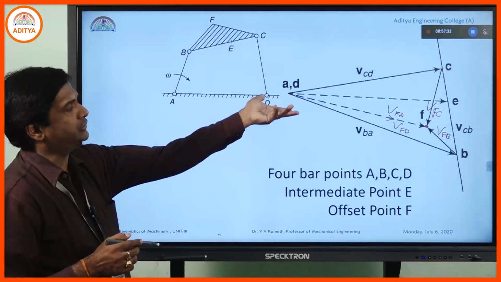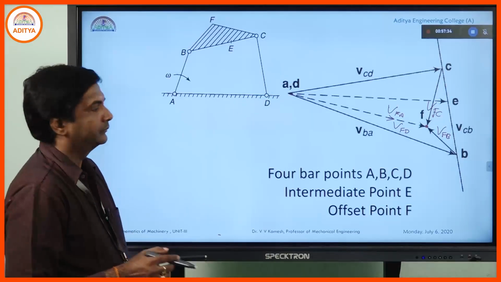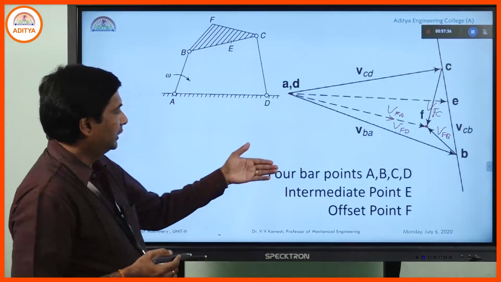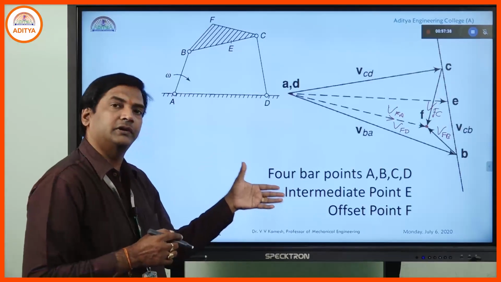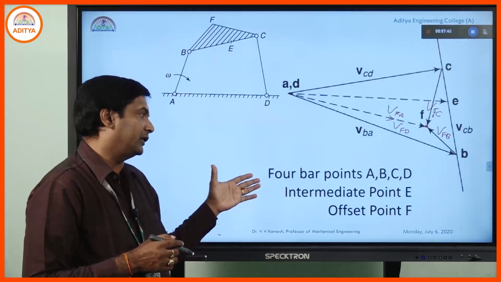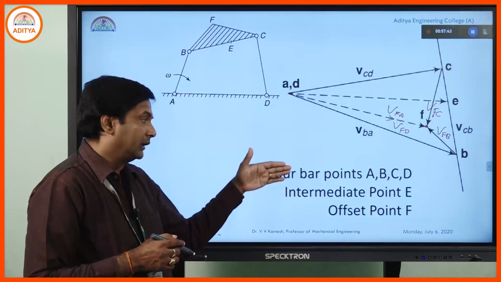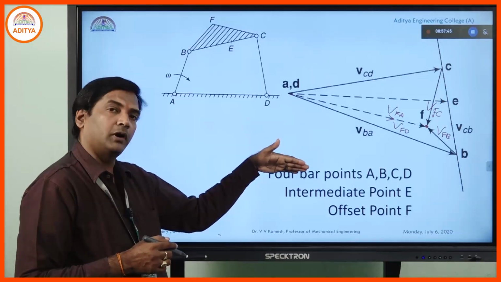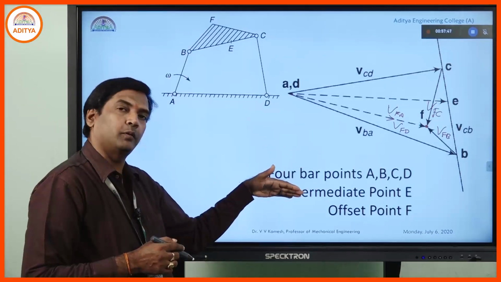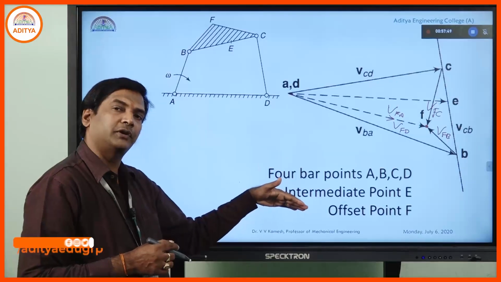If the direction is reversed, we can call VCF. So, like this, from this procedure, we are able to identify and calculate the velocities of different points A, B, C, D, an intermediate point E, and any other offset point F.